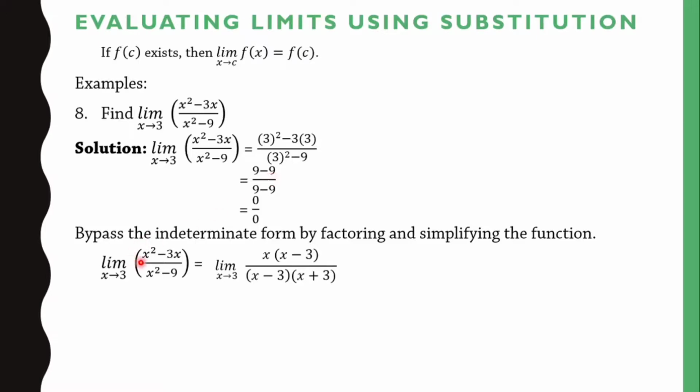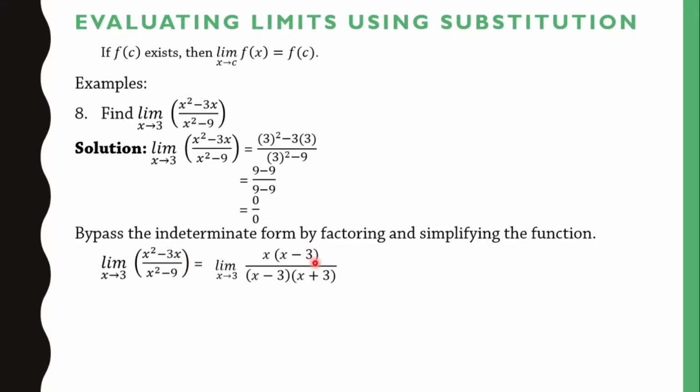So, x squared minus 3x could be factored out as x times x minus 3 because x squared and 3x have a common factor of x. So we take out the common factor x and we divide each term by x. So x squared divided by x, that is x, minus 3x divided by x is 3.